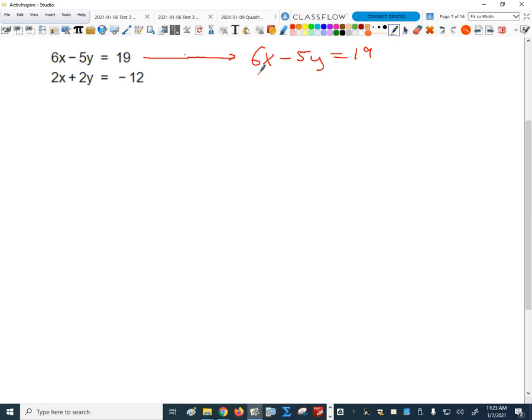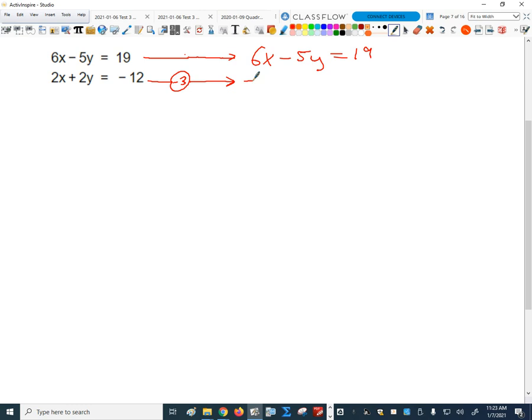And now I need to get the x's to cancel, so I need a negative 6x there. So what am I going to multiply the bottom by? 3. Almost, but if I multiply by 3, I'm going to get a 6x, and those don't subtract to 0. Negative 3. Negative 3, there you go.